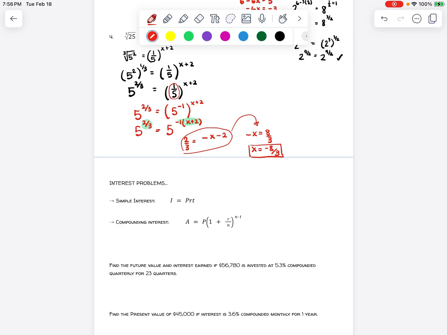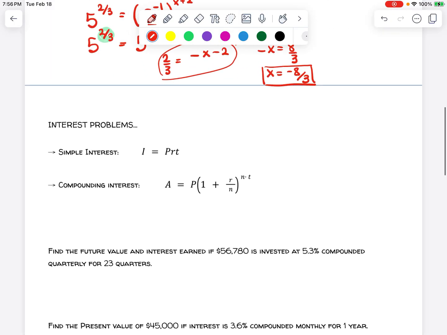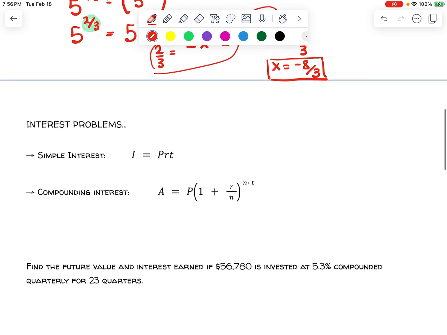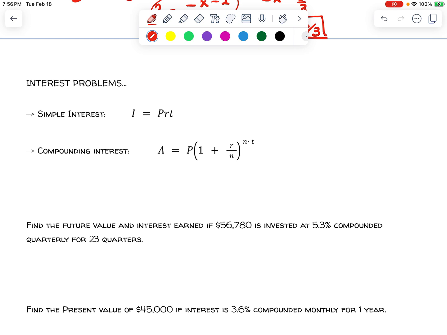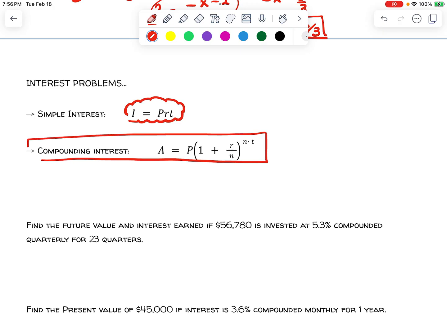Okay. Now, there are two formulas that you have to know that have to do with exponentials. We already know the simple interest. We did this last semester in your word problems. What I want to focus on is this compounding interest, which tells us how much money we're going to have after we put it in a bank or in some kind of account that's going to earn interest, extra money.